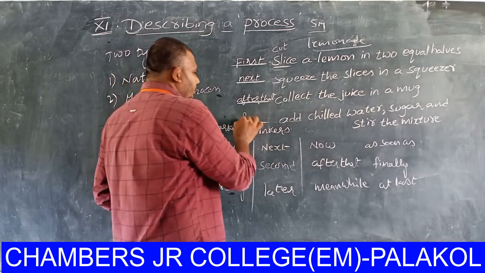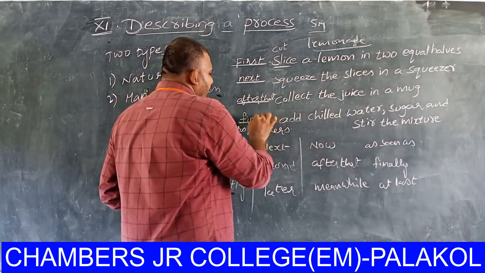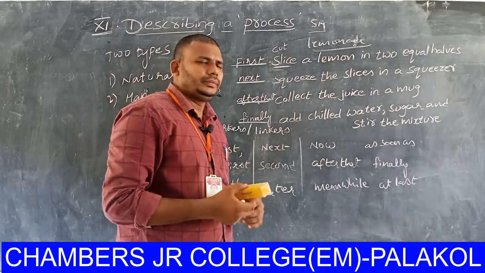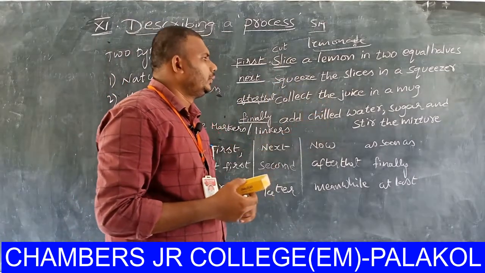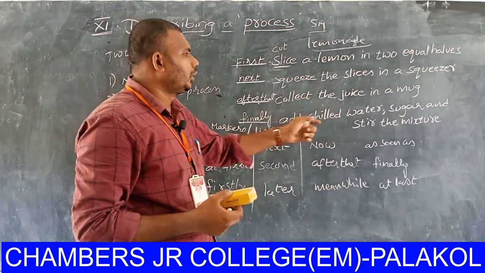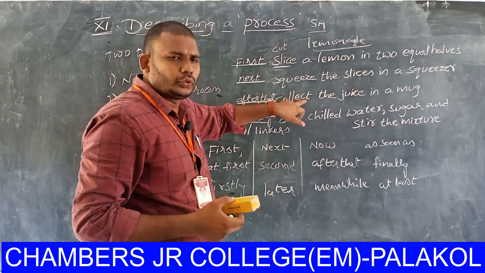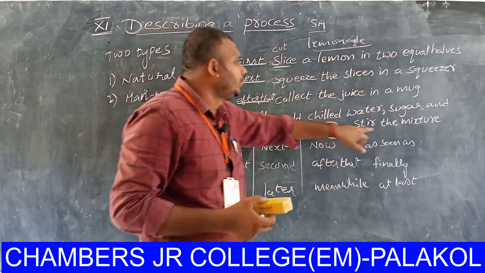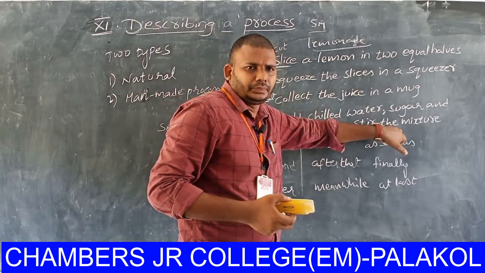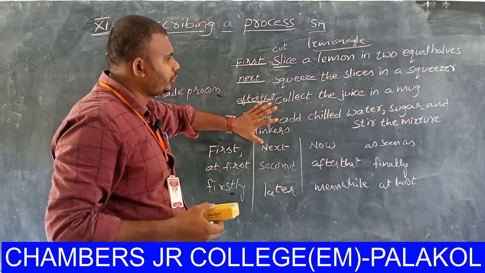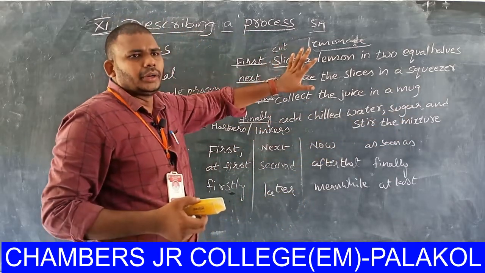Finally, this is the last step. That's why I am writing "finally". Add chilled water and sugar to that juice. After that, we stir the mixture. This is the final step, and these 4 steps are involved in making a lemonade.